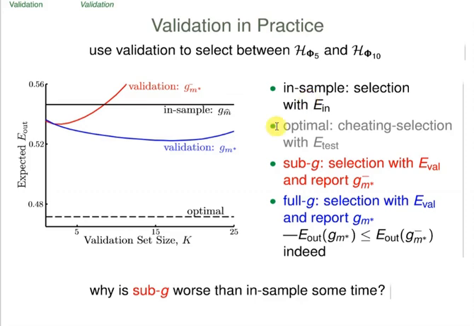For instance, say you want to select between H5 and H10, the fifth order polynomial and the 10th order polynomial. By varying the validation size, we can observe the behavior of the fifth order and 10th order polynomial and the relationship between these two different hypotheses in terms of expected out of sample error and validation size, as shown in this graph. So in blue we see the performance of the fifth order polynomial, and in red let's say the 10th order polynomial, for example.